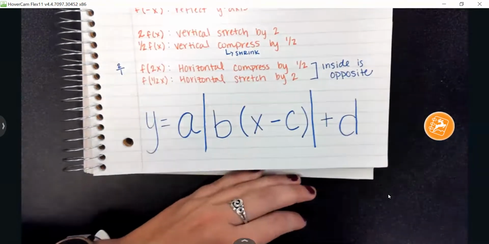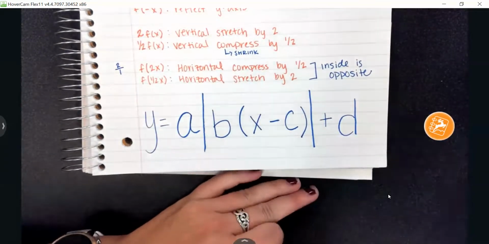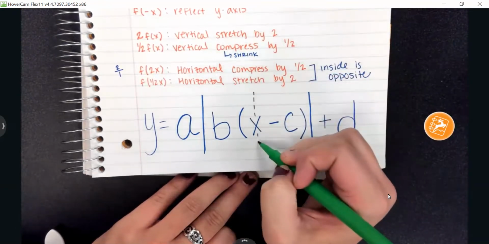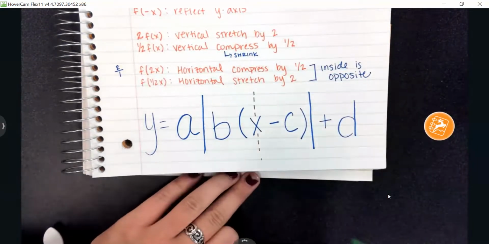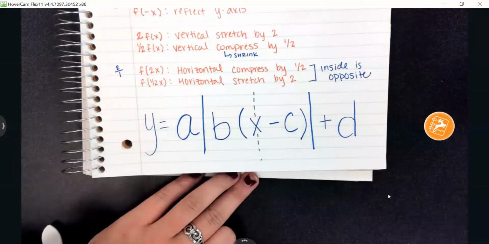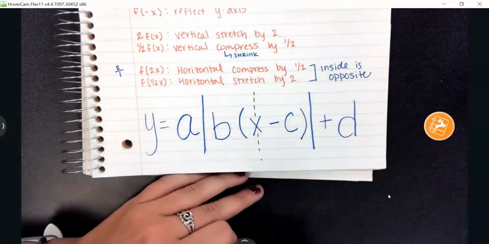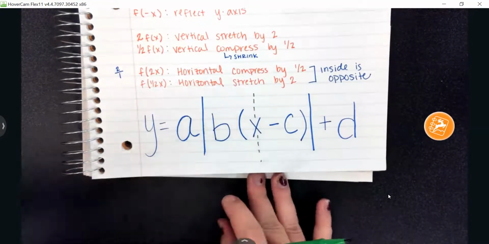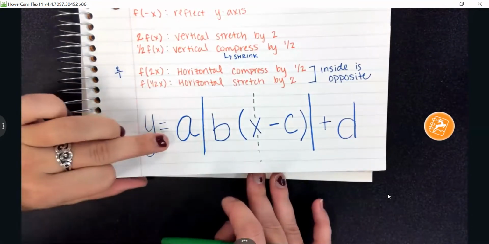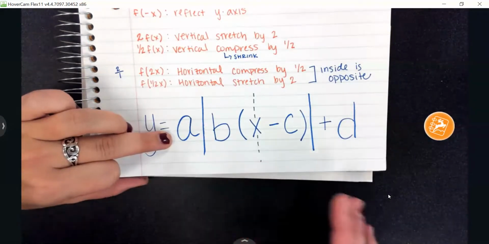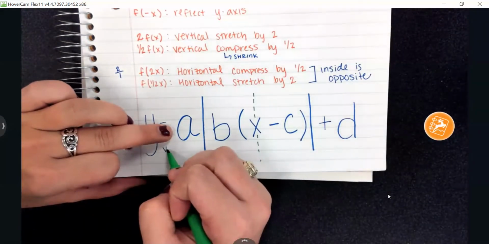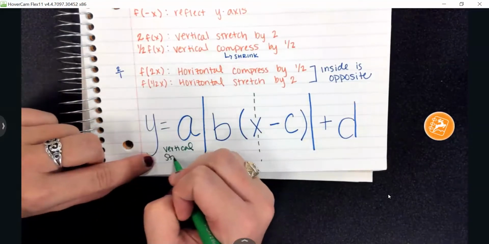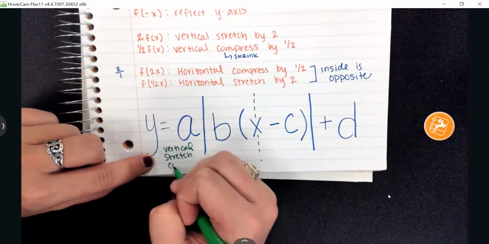So if I look at my X, it's like my dividing line. Everything before X means something, and everything after X means something different. So this letter A is in the very, very front. Because it's in the front, it is vertical. This A can only be a stretch or a vertical compress.